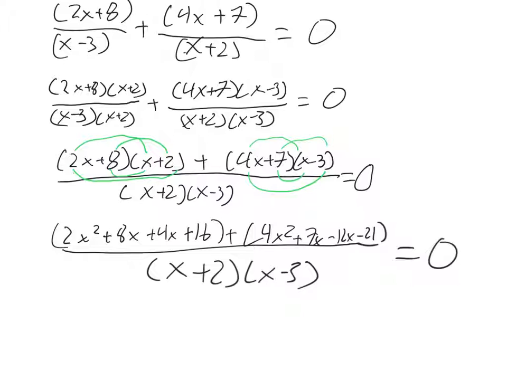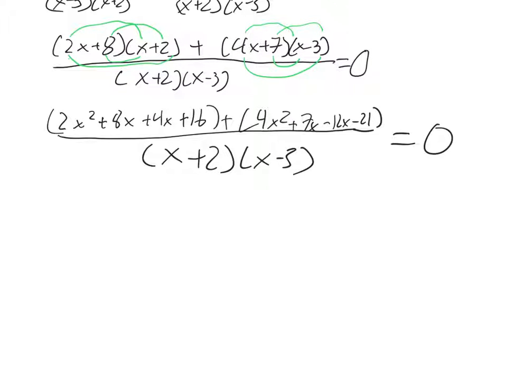So now what we've got here on the top is we've got some like terms that we can combine, right? We don't have any more multiplication going on up top, so we can now drop those parentheses and just combine like terms among both of those quadratics. So let's just move to a little bit more white space here and work on doing that.